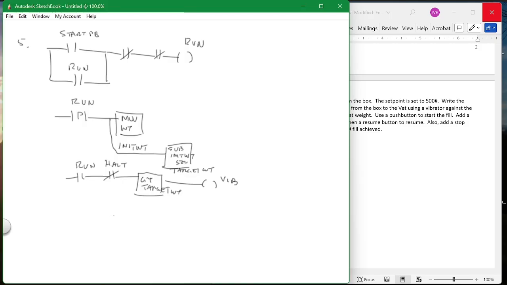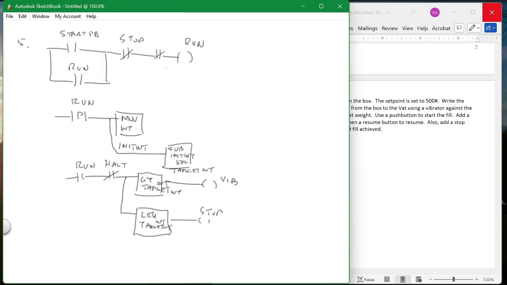Now the halt button is, and then when it's less than or equal to target weight, my present weight, or the weight now, is greater than or equal to the target weight, we keep running. If the present weight is less than or equal to the target weight, stop. Okay.